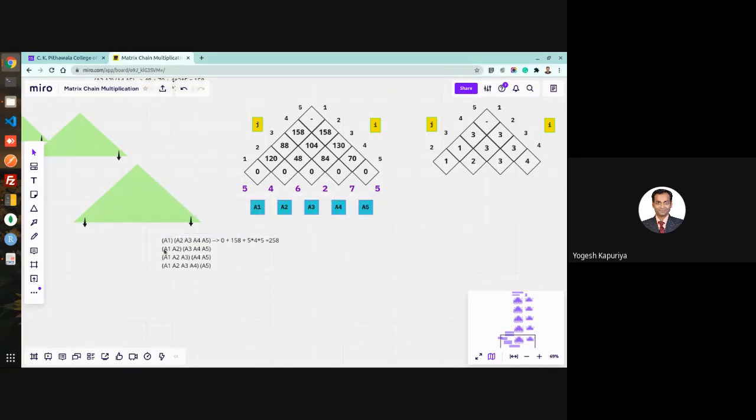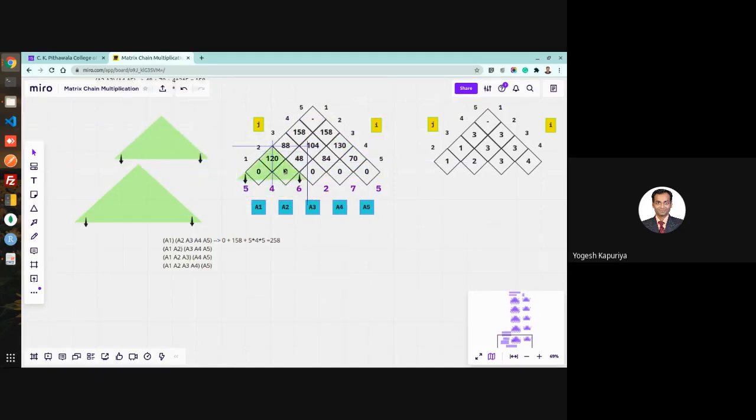Second is A1 A2 multiplied by A3 A4 A5. First A1 A2. A1 A2 is this, so it is 120. The dimension is 5 cross 6.